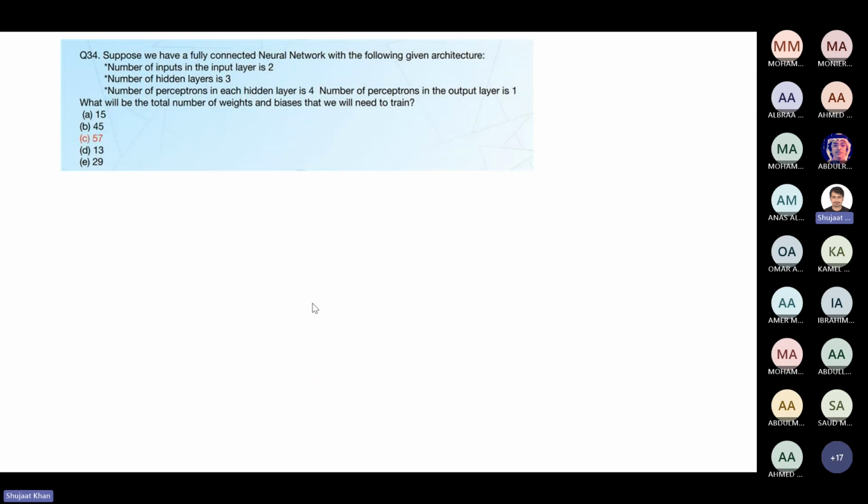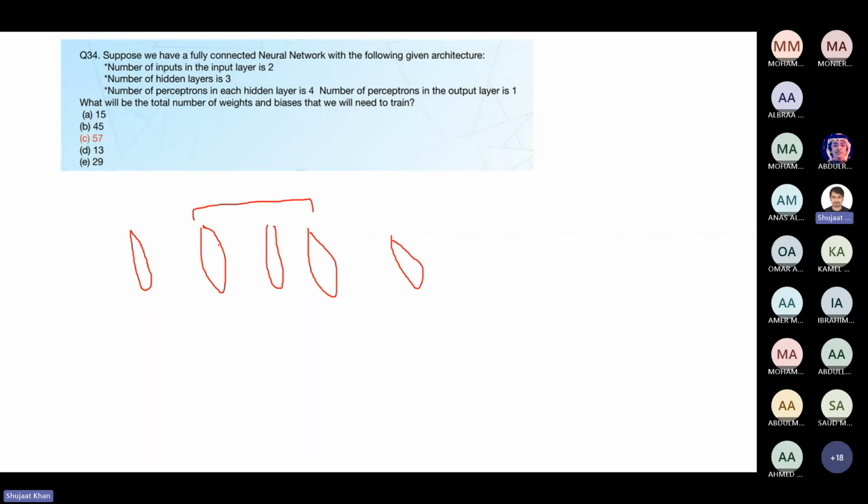We have three hidden layers. So first the input layer, second hidden, third hidden, fourth hidden, and then the output. So these three are our hidden layers. How many inputs do we have? In the input layer, the number of inputs is 2.